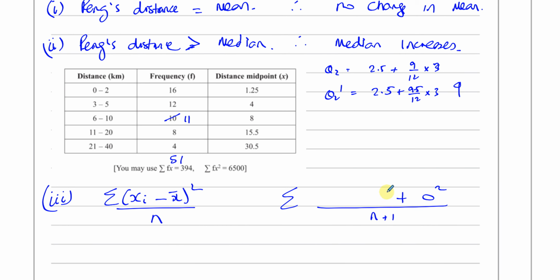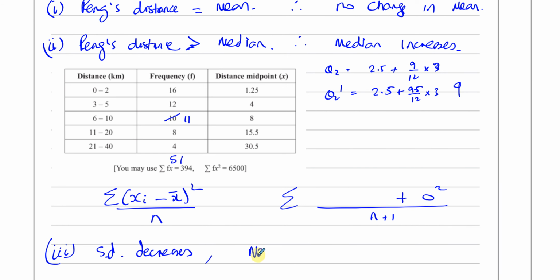So the numerator of the fraction will remain the same, because you're adding 0 squared to it, but the denominator is now going to be one more. If you're dividing by a bigger denominator, you're decreasing the value of the fraction. So we can say that the standard deviation is going to decrease.